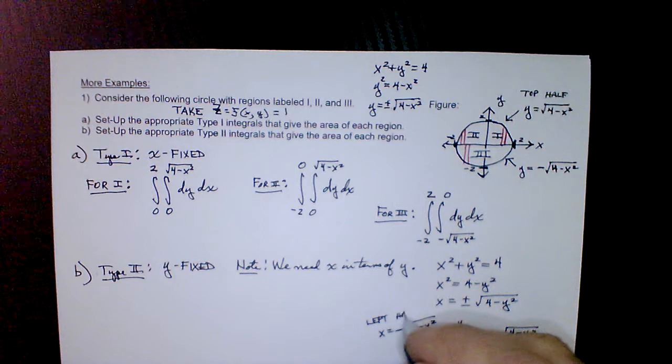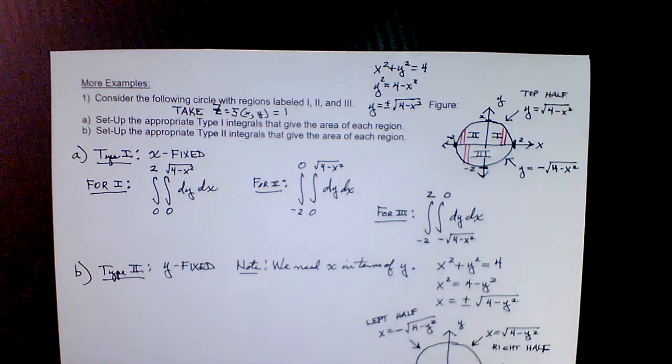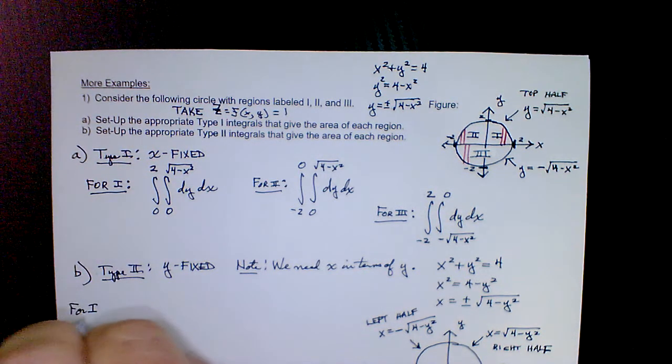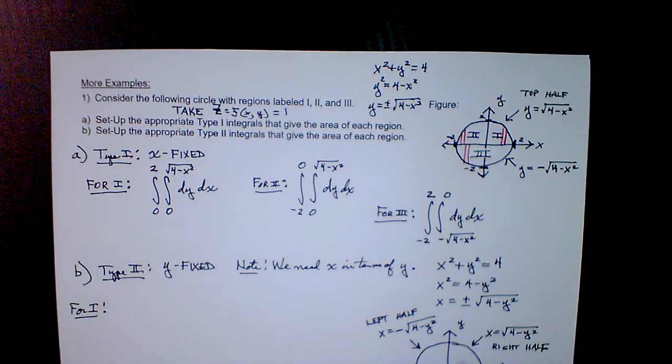Okay, so now we're ready to set up the integrals for what we're labeling as Roman numeral 1. Do the same ones, 2, and then this one, again, we label as 3.